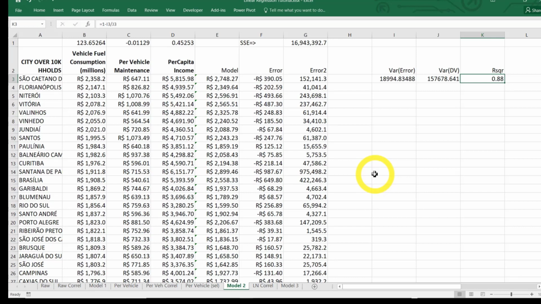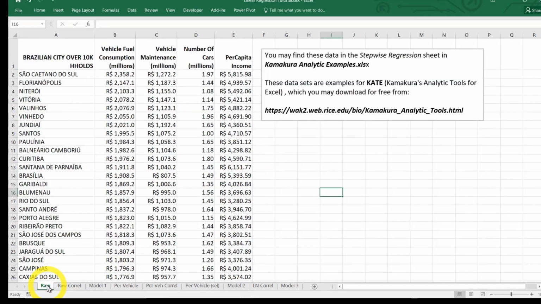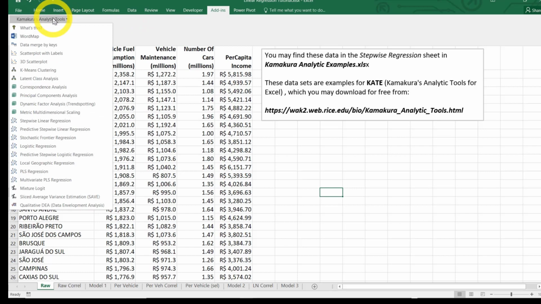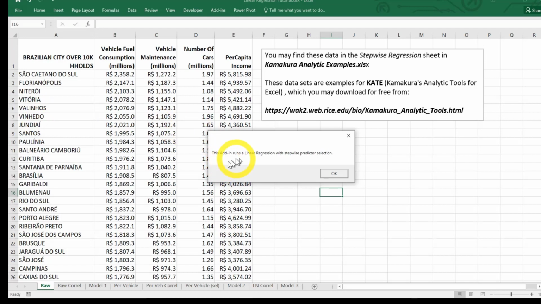Without getting into the nitty-gritty details on how it works, let me show you how you could do that using Excel, using my analytical tools. You go to Add-ins, Kamakura Analytical Tools, and you're going to find here Stepwise Linear Regression. Click there. It says that the add-in runs a linear regression with stepwise predictor selection.